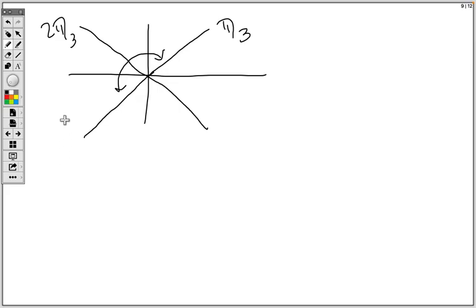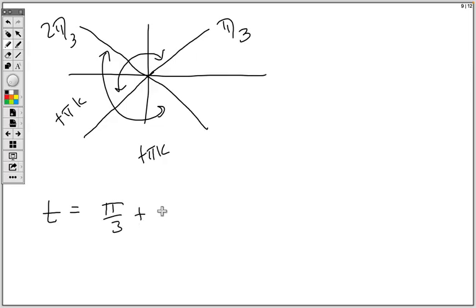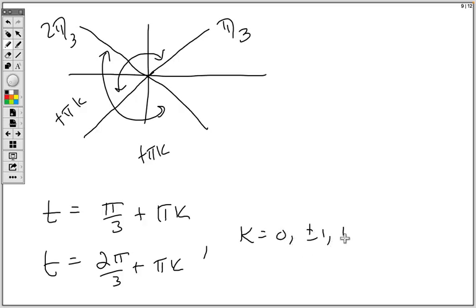So pi over 3 plus pi k would get me to here, and 2 pi over 3 plus pi k would get me to there. So t is pi over 3 plus pi k, or 2 pi over 3 plus pi k, where k is 0, plus or minus 1, plus or minus 2, and so on and so forth. So that would be all of the solutions.